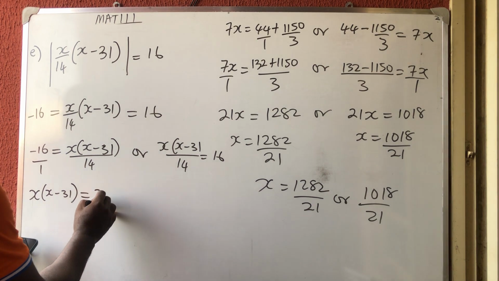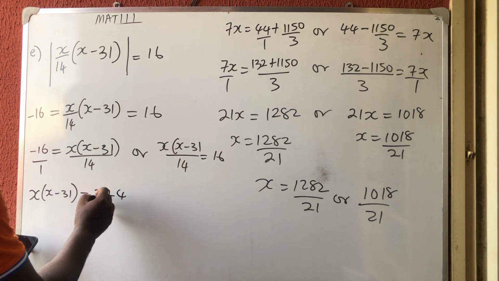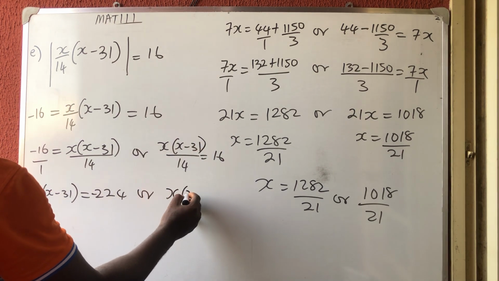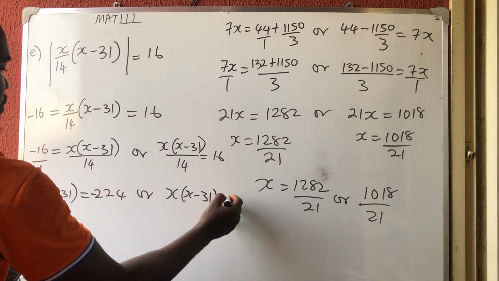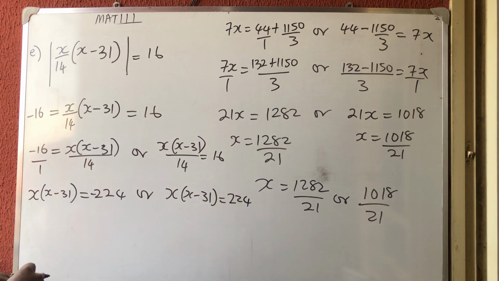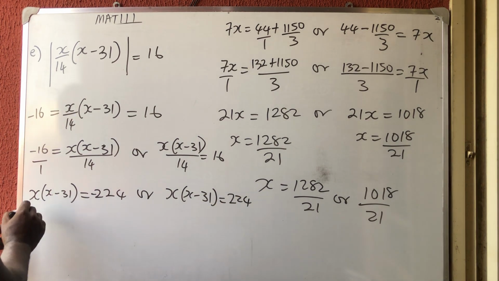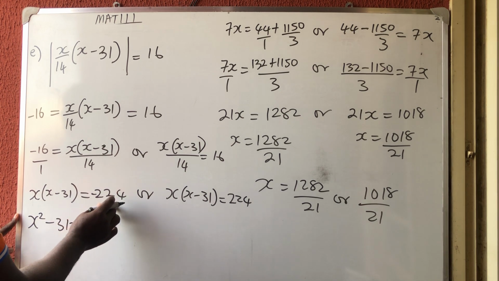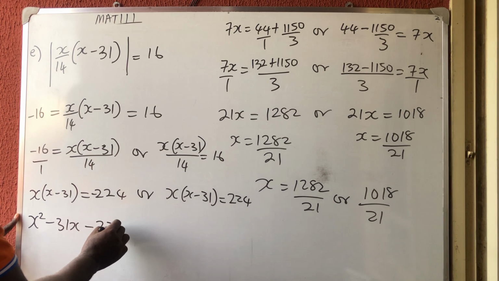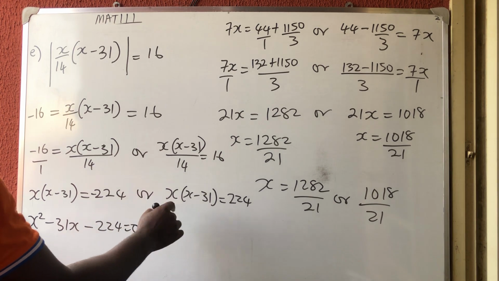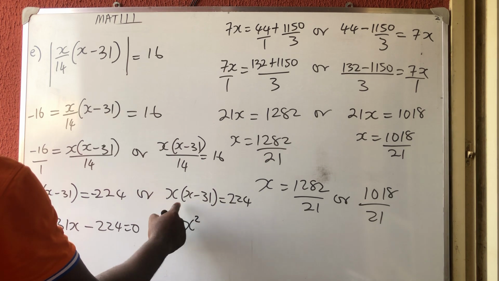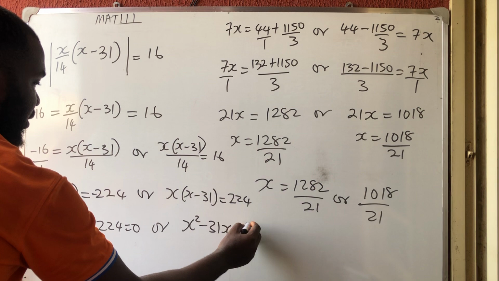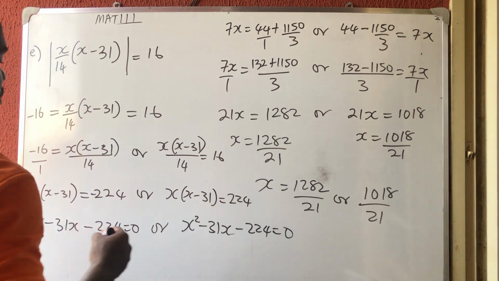So I'm having 224, minus 224, or the same thing here, x into x minus 31 is equal to 224. So if you clear the bracket, you're going to have x squared minus 31x. This one will come here to have minus 224 is equal to 0, or the same thing, x squared minus 31x minus 224 is equal to 0.